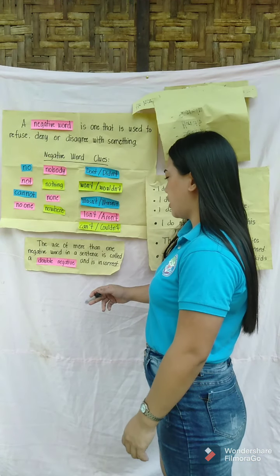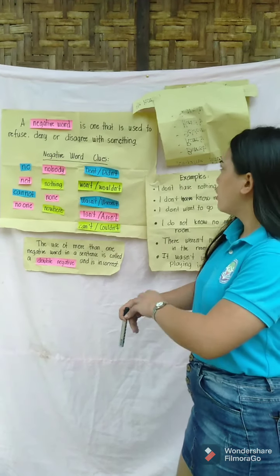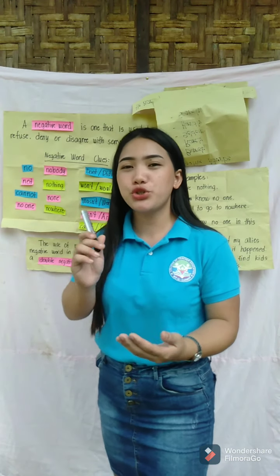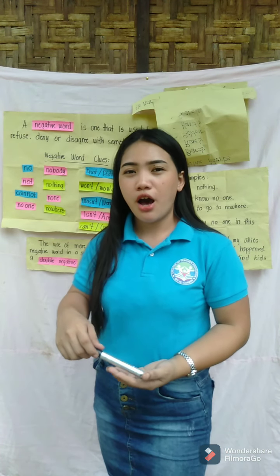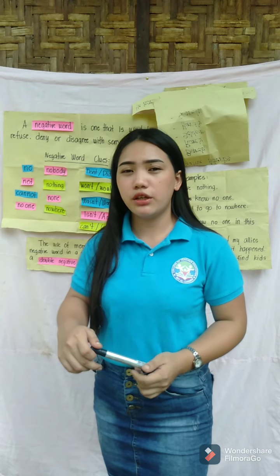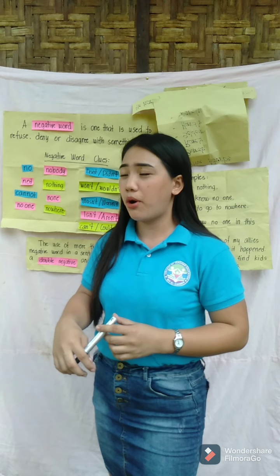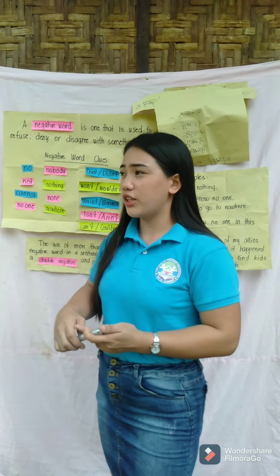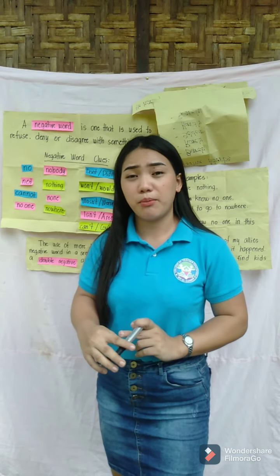So it is incorrect. Before that, I want to show you some examples of these negative words in a sentence, for us to understand more about the topic of correcting double negatives.